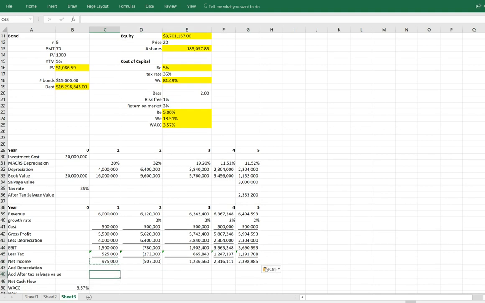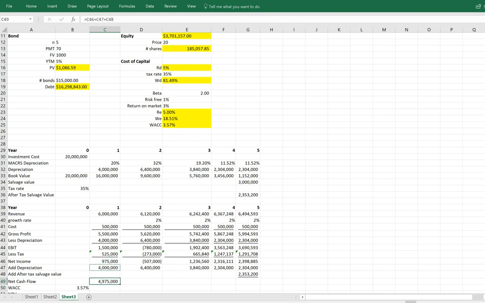Now we add back the depreciation because it is a non-cash expense. We also add the after-tax salvage value, which only happens in year 5. So the net cash flow is net income plus depreciation plus salvage value.